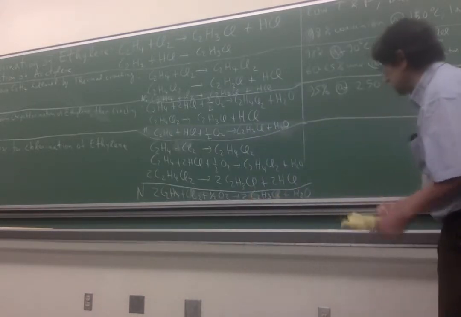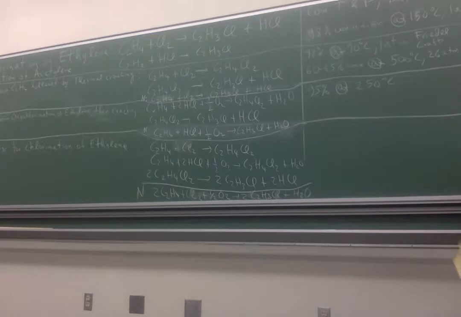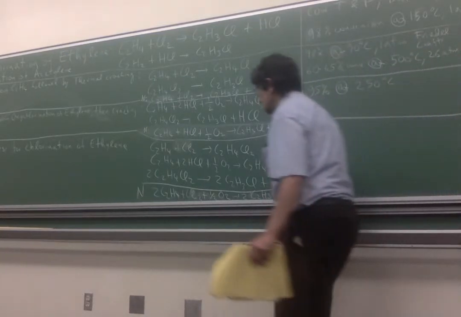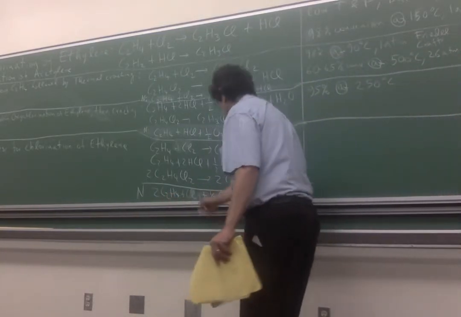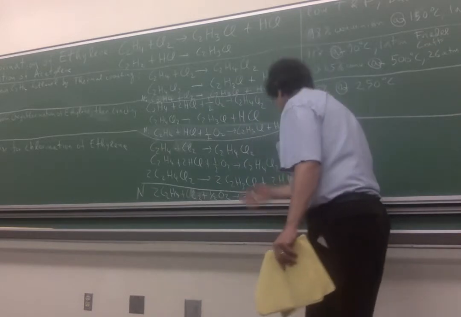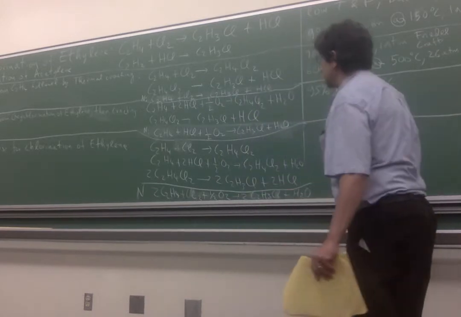Which would be equivalent to one ethylene plus half a chlorine plus quarter oxygen, giving us one vinyl chloride.